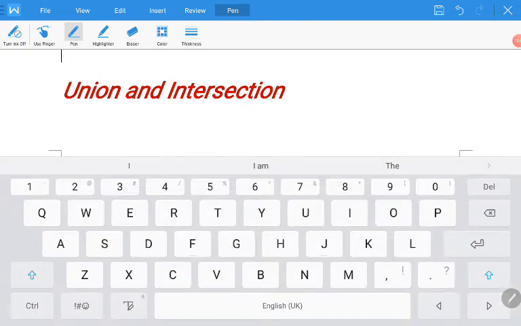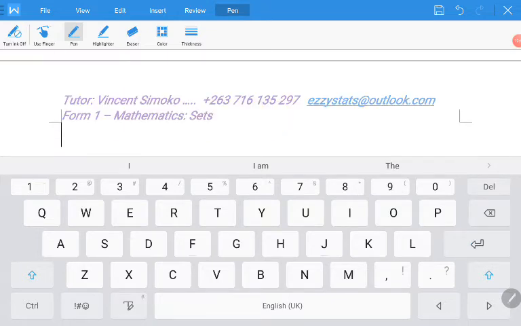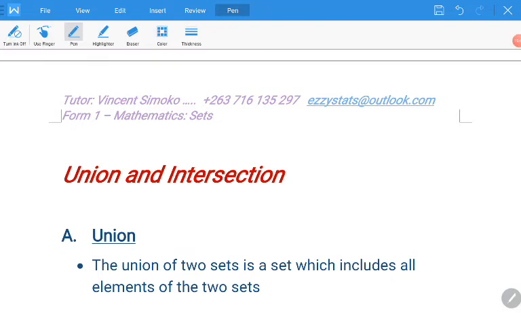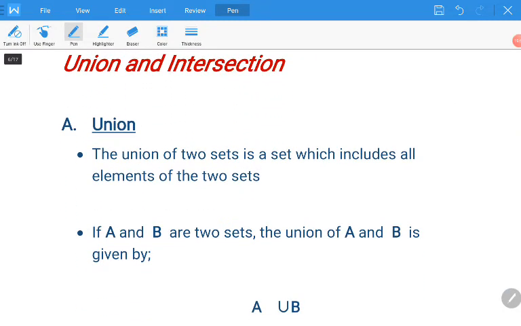The next thing that I want us to look at is the section on union and intersection. The union of 2 sets is a set which includes all elements of the two sets.